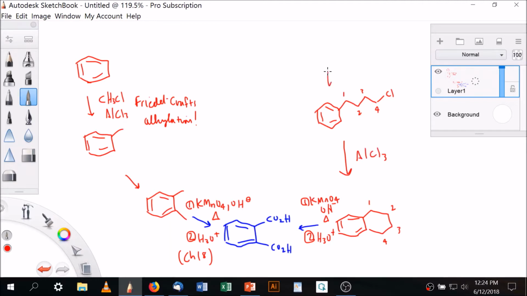AlCl3, aluminum chloride, and this comes from, plus, 1, 2, 3, 4. A chloro here and a chloro here. 1, 2, 3, 4. Wow. Oh, that's beautiful. And that's done in aluminum chloride.